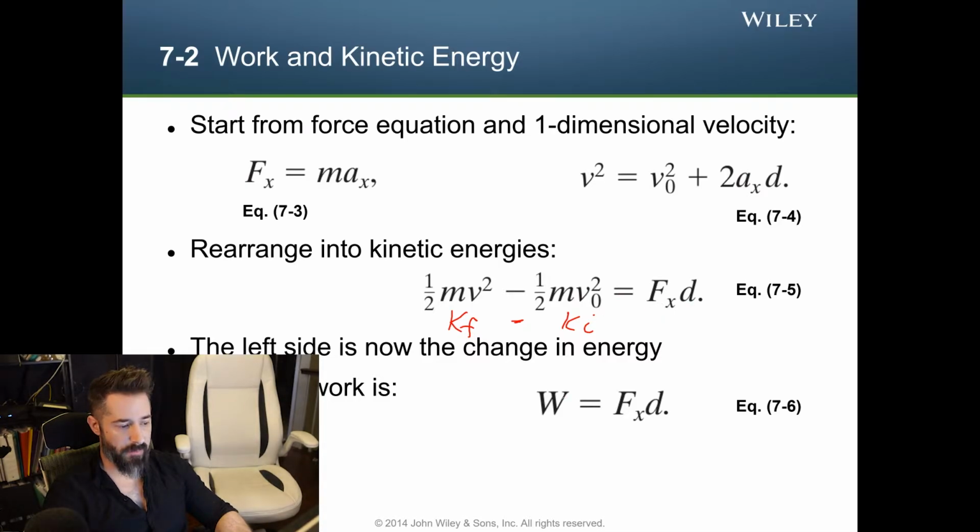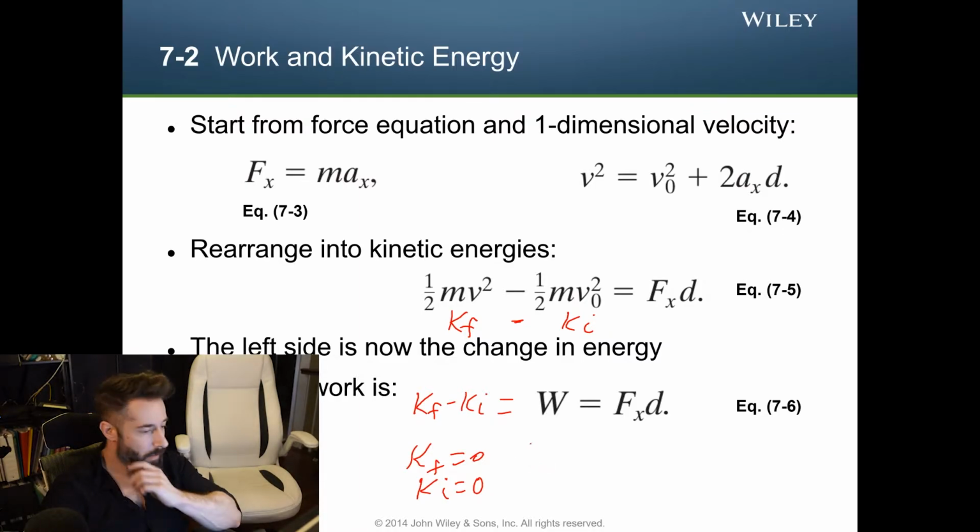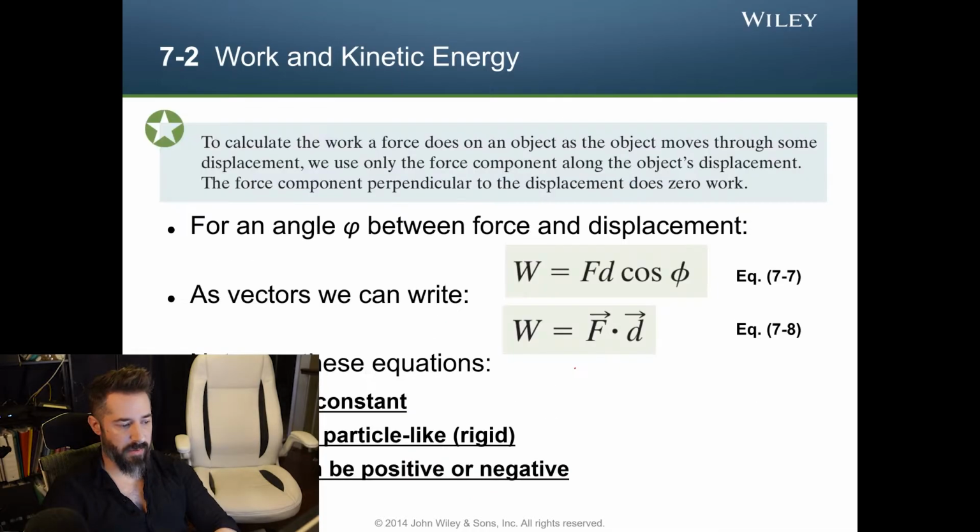So you're going to have some force times distance, which is the work. So therefore, the kinetic final minus the kinetic initial equals work. If kinetic final equals 0 and kinetic initial equals 0, then it's just the work equals 0, right? And we'll get into some situations with that. It'll make more sense here in a minute.